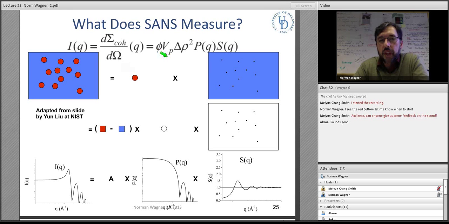And as you've seen, then a structure factor, which corresponds to the autocorrelation function of the positional correlation of those particles. So if I start with a dispersion of the red particles in the blue liquid, the scattering can be thought of as a convolution of the shape of the particles, size, shape, polydispersity, with their structural arrangement in equilibrium in the suspension.